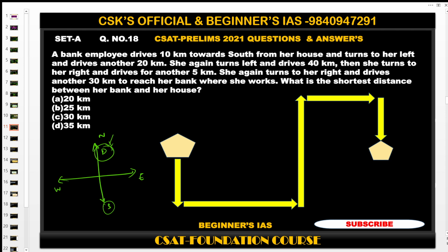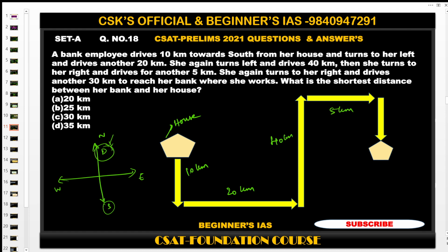Now listen carefully. The bank employee drives 10 km towards the south from her house. So let us take this as the house. So 10 km here. Then turns towards her left and drives another 20 km. Then again left turn and drives for 40 km. Then towards her right and drives another 5 km.